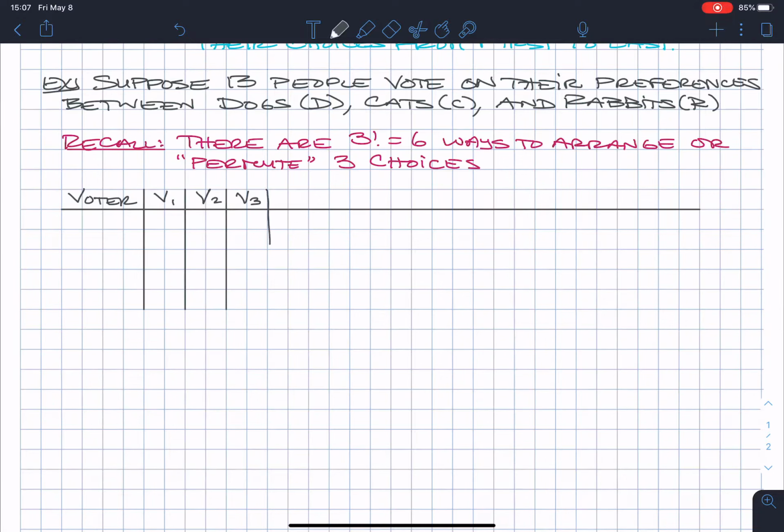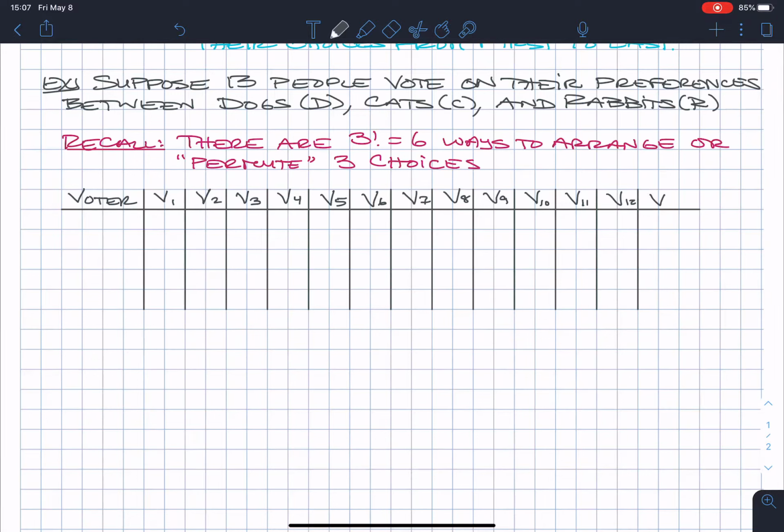Voter 3, voter 4, voter 5, voter 6, voter 7, voter 8, voter 9, voter 10, voter 11, voter 12, and last but not least, voter 13.